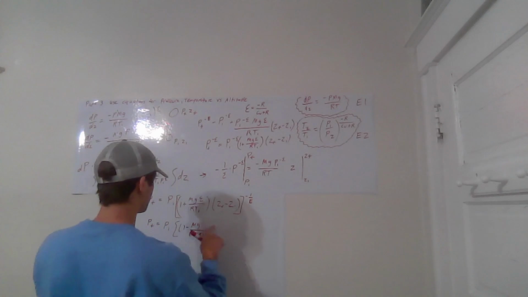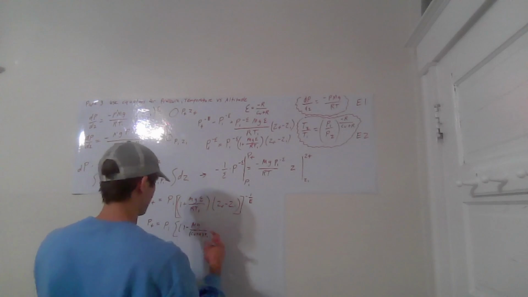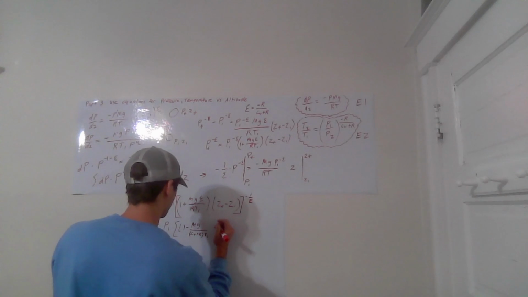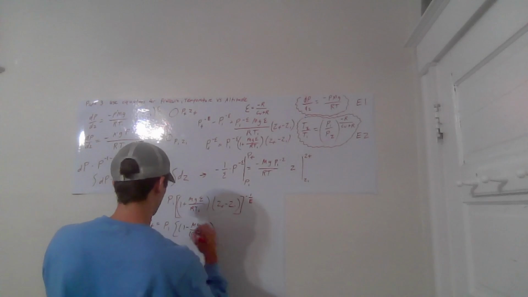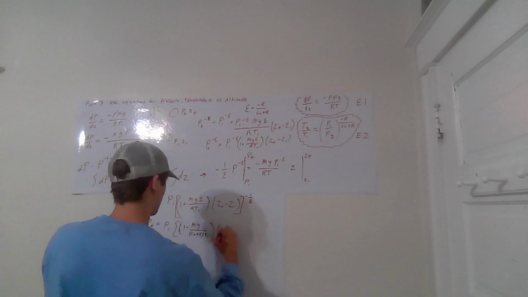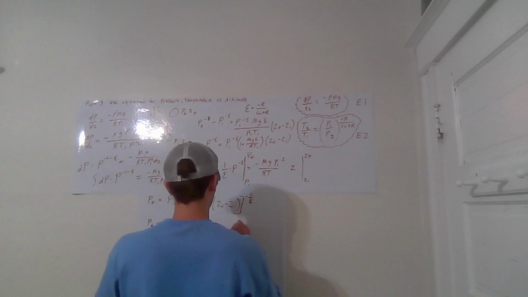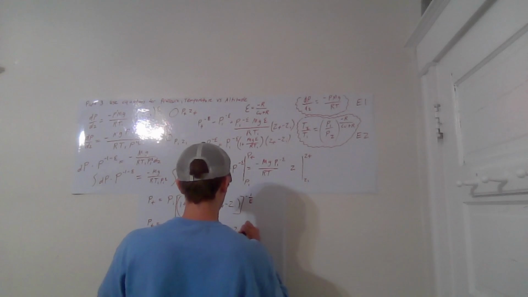So we're just replacing our epsilons, and that's good for that one. And we're going to stay with our ZF minus ZI.